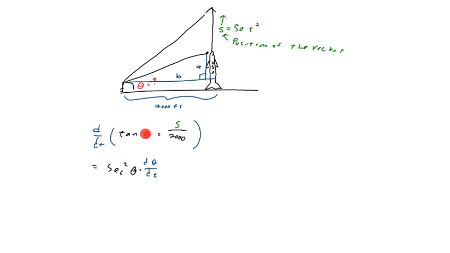Just like the other derivatives we did, we have a d theta dt equals 1 over 2000 ds dt.